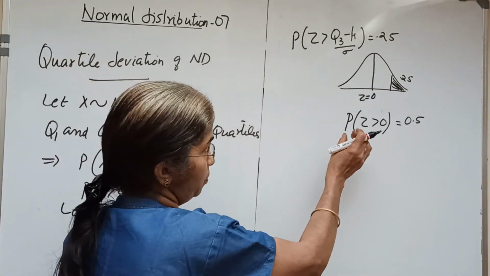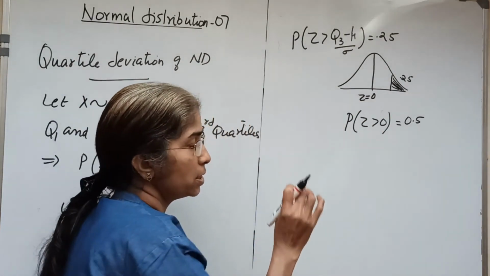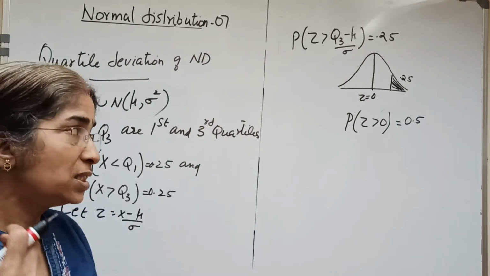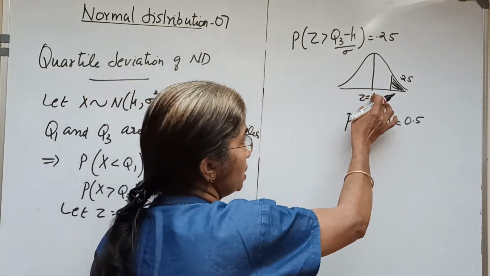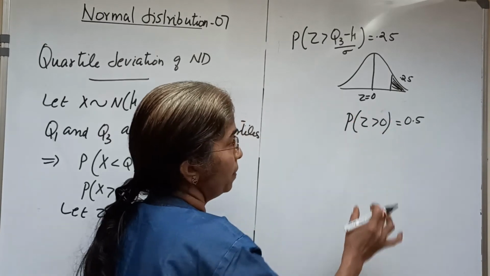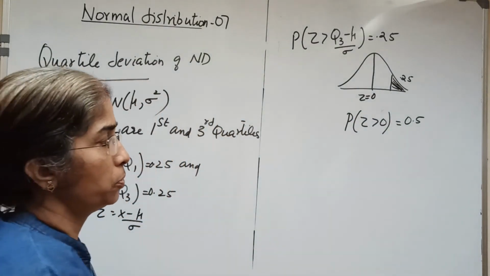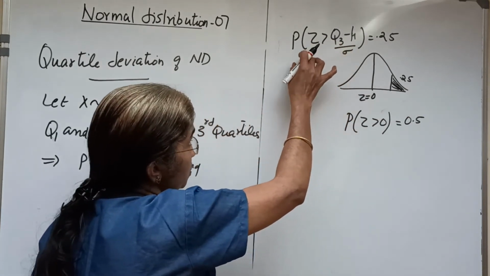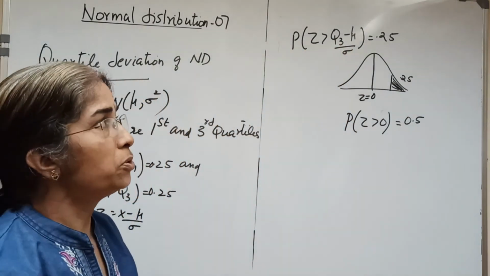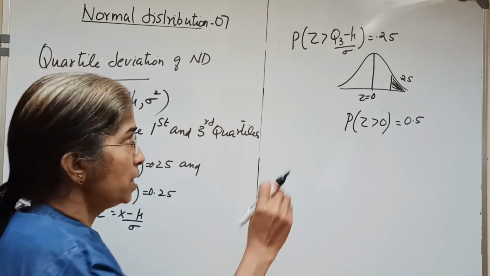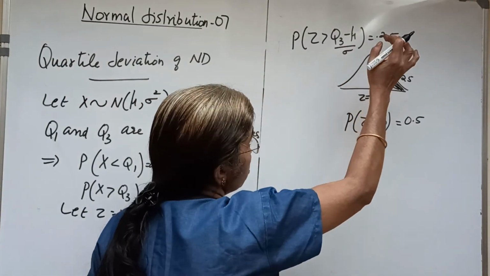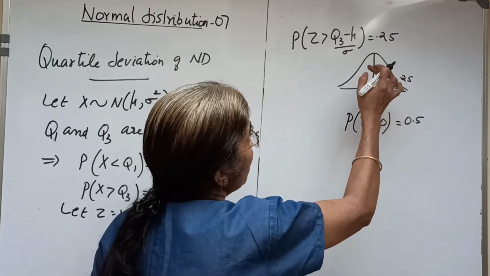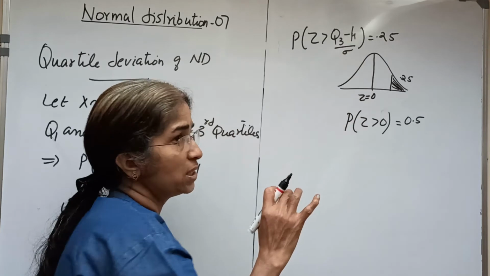Once again I will explain. As we know, z equal to x minus mu by sigma is symmetric at z equal to 0, probability z greater than 0 is 0.5, and we have probability z greater than Q3 minus mu by sigma equal to 0.25. So this point is somewhere to the right of 0, and let us take it as plus z1.